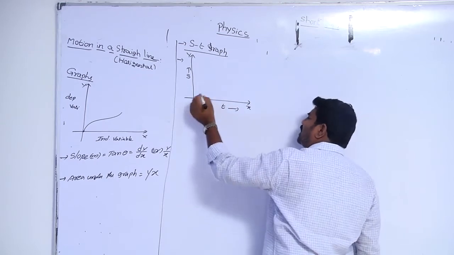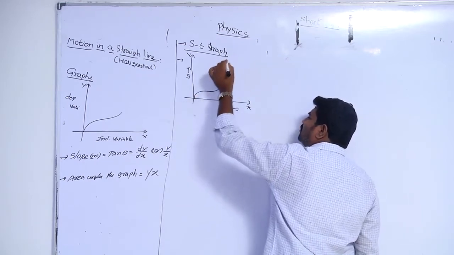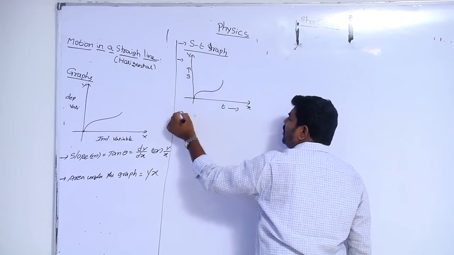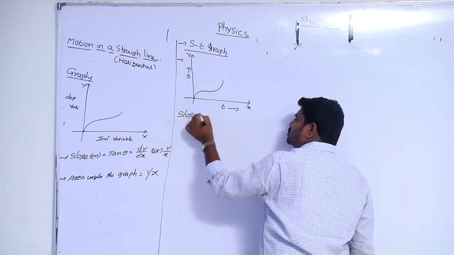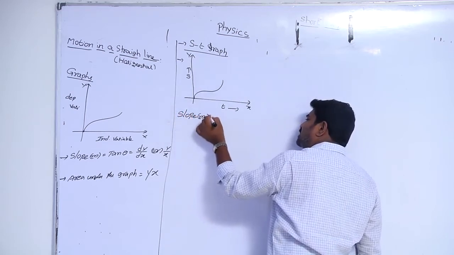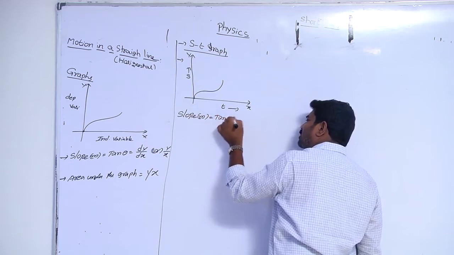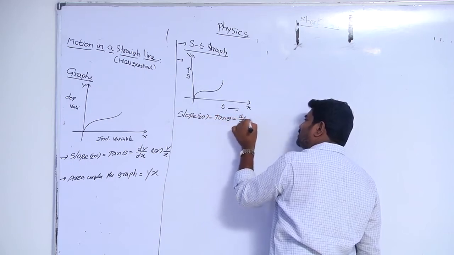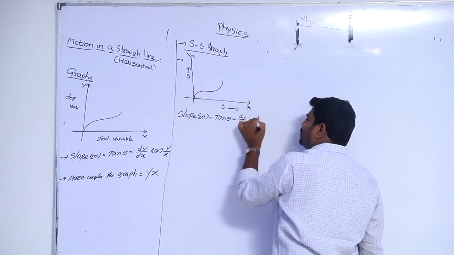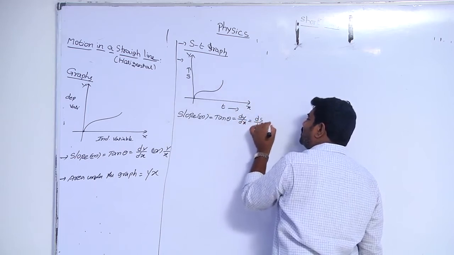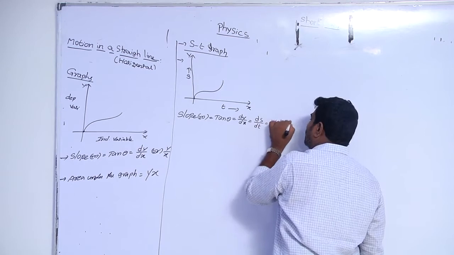For example, this is the graph. What is the slope of the graph? Slope m is equal to tan theta, that is nothing but dy by dx. Here dy by dx is nothing but ds by dt, that is velocity.